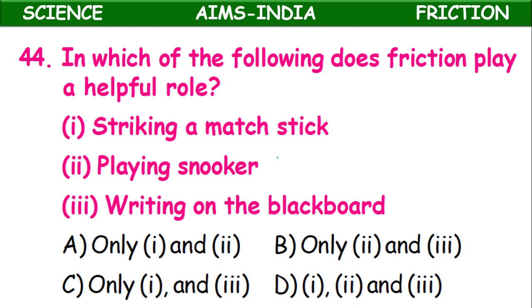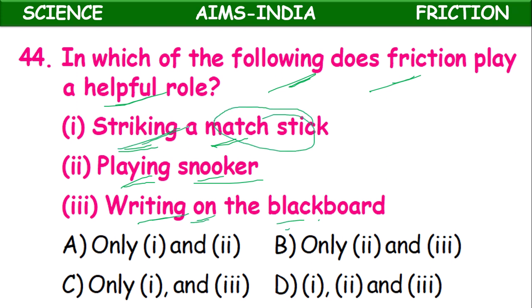Next one. In which of the following does friction play a helpful role? Striking a matchstick, playing snooker, writing on the blackboard. Striking a matchstick, because of friction only, it will get heated and burn. So it plays a helpful role here. Playing snooker. When we hit the ball, if there is no friction, the ball will move continuously.